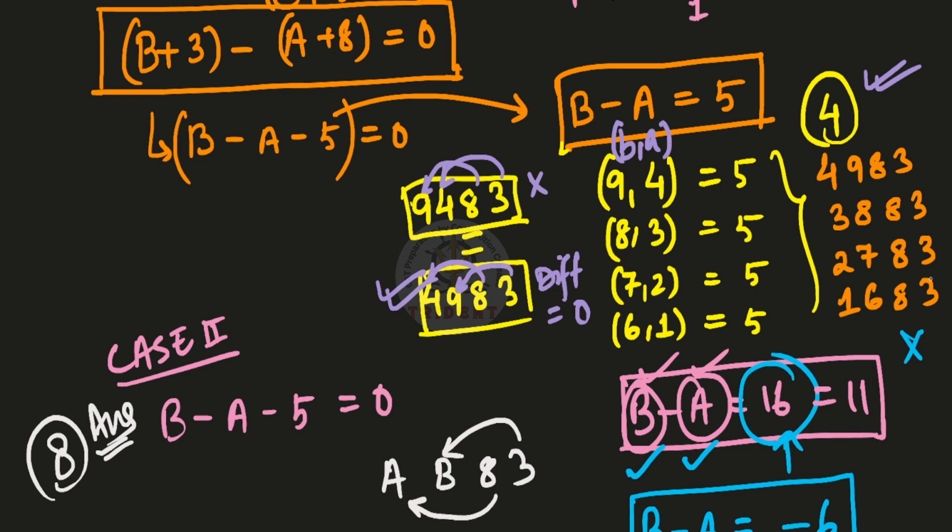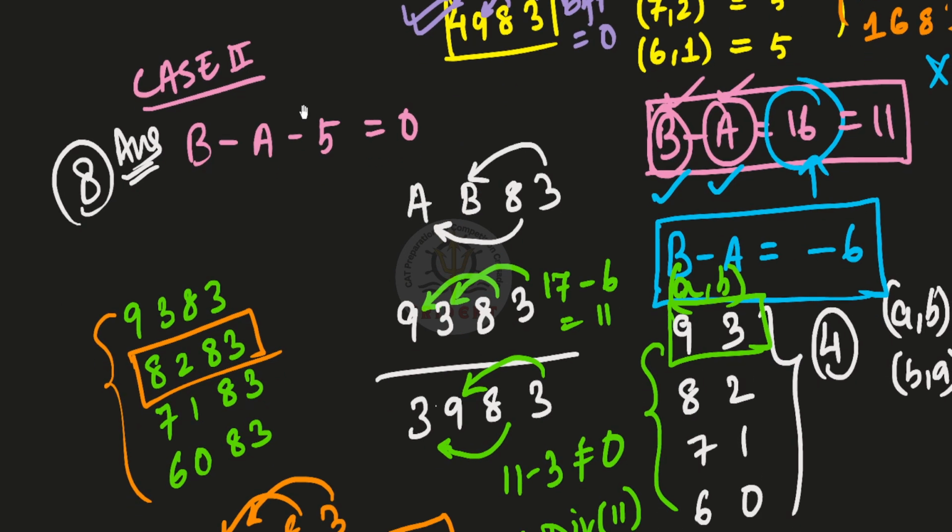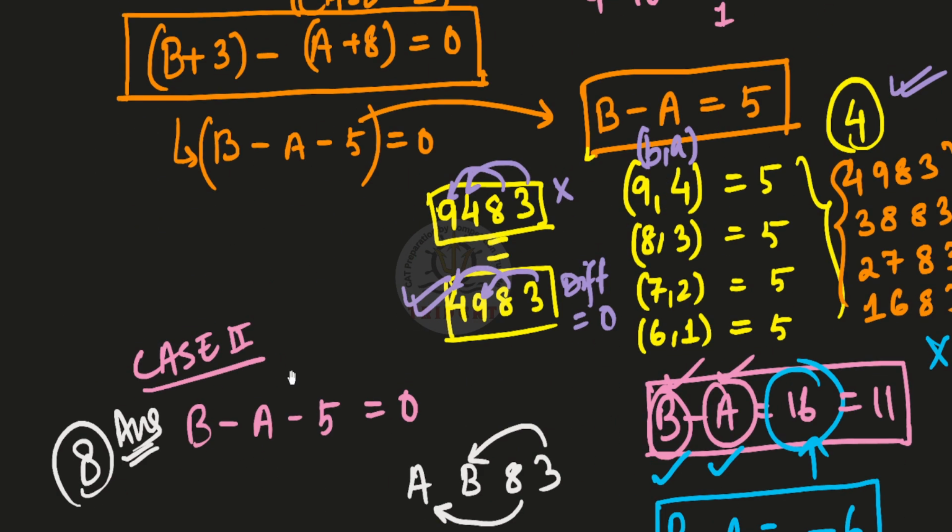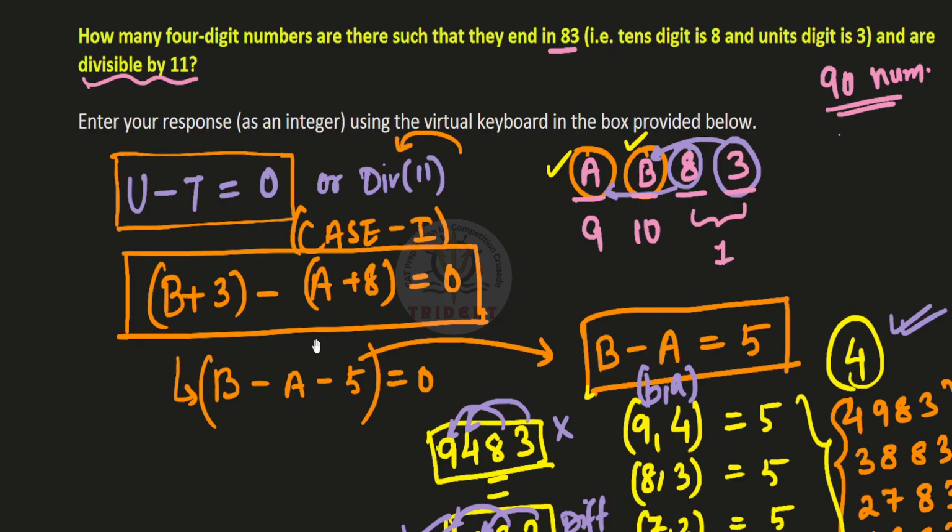Okay, 6 and 3 is 9, 8 and 1 is 9. So checked. These are those numbers which are divisible by 11, and the other set of numbers which are divisible by 11 are these ones. So in all, effectively there are total 8 numbers which will be divisible by 11 in this AB83 format.